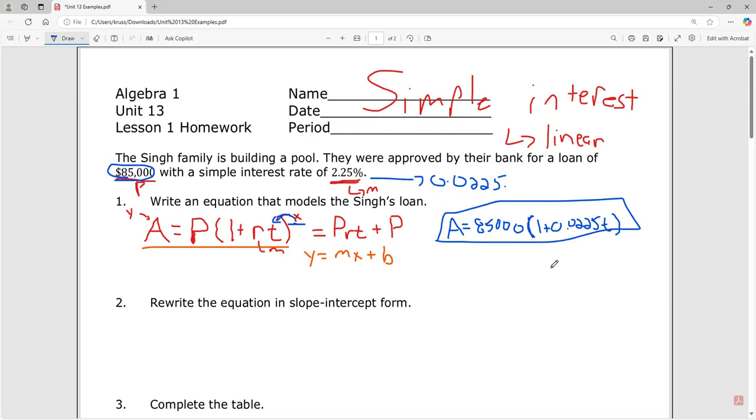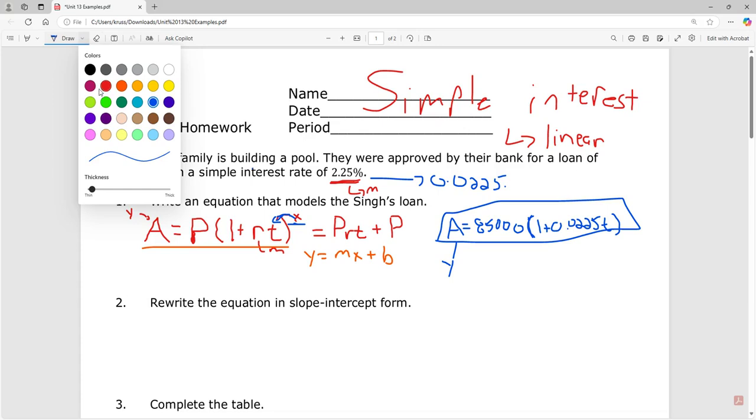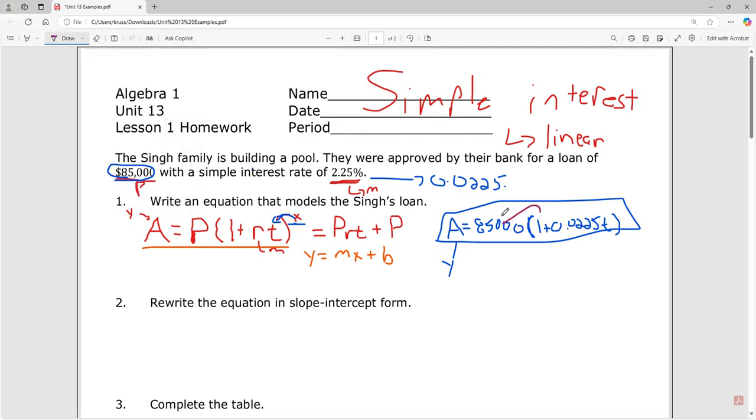Okay, to put this in slope-intercept form, remember, this is my y, right? So all I have to do is distribute this 85 into there and into there. Okay, so I'm going to put it in with the mx plus b form first.